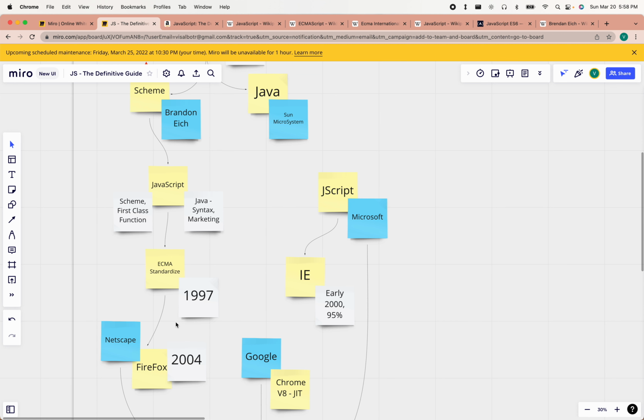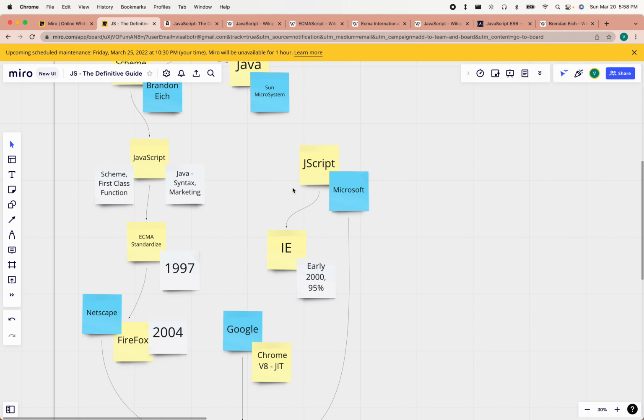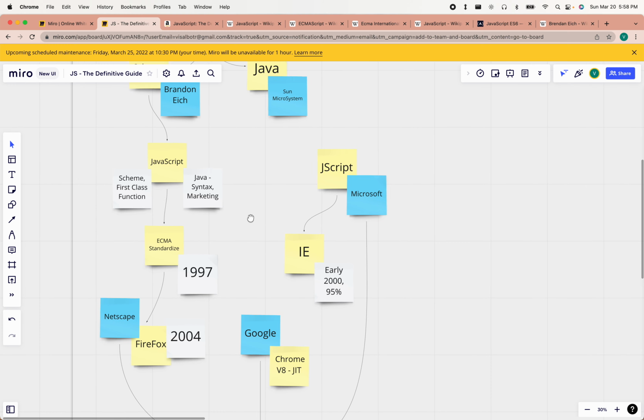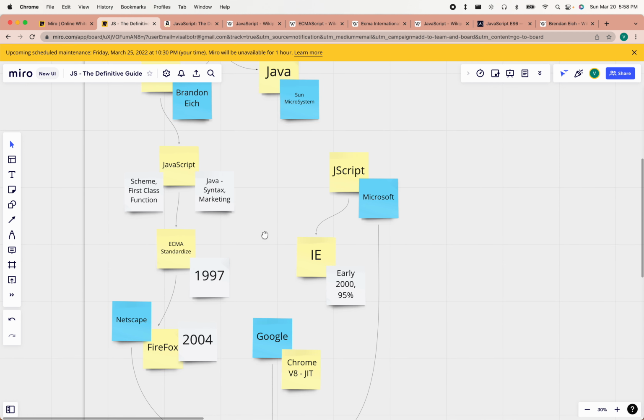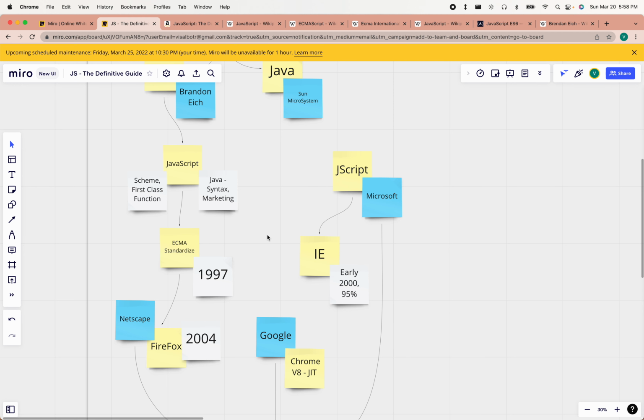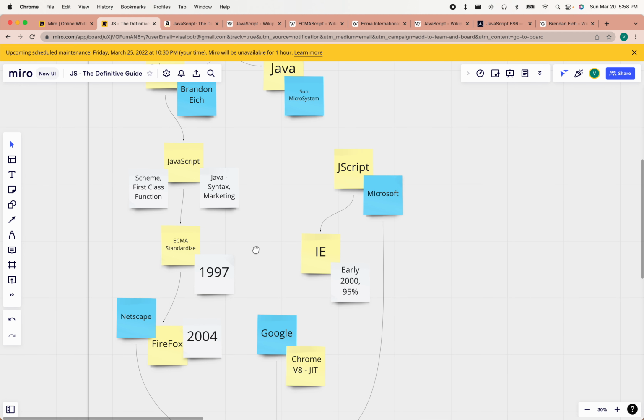And at a similar time, around 1997, Microsoft also introduced another programming language that is embedded in the browser. It's called JScript, and it's implemented in IE, Internet Explorer, while JavaScript was used in the Netscape web browser. These two languages are both in the browser, and there are some similarities and some differences between them.